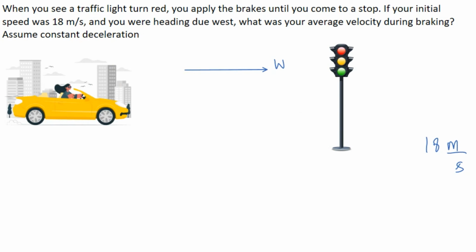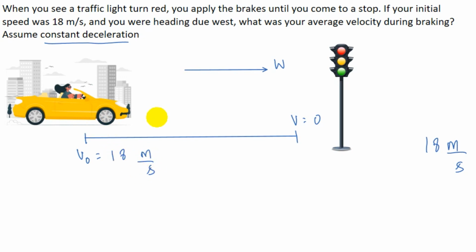So let at this position the velocity become 0. Now we have to calculate the average velocity during braking, and we can assume constant deceleration. Now this is the initial velocity which we are given to be 18 meters per second, and here after applying brakes the velocity becomes 0.